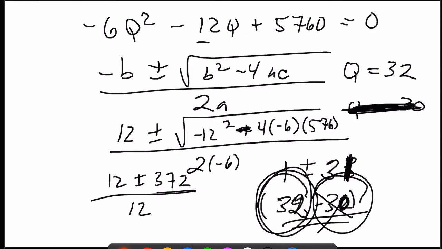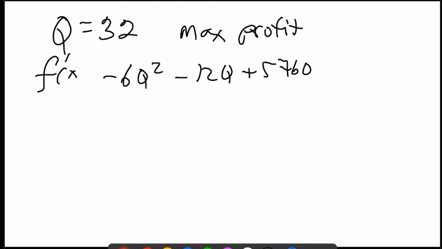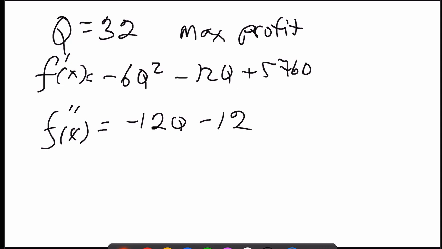Now we go back here and we say we have minus 6Q squared minus 12Q plus 5760 is our function, right? That's the first derivative. The second derivative is minus 12Q minus 12. Yes? Now, if Q is always positive, then this is a minus minus a minus.